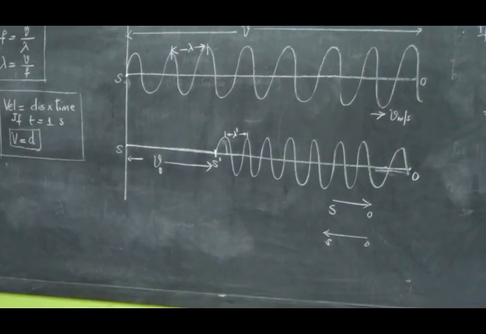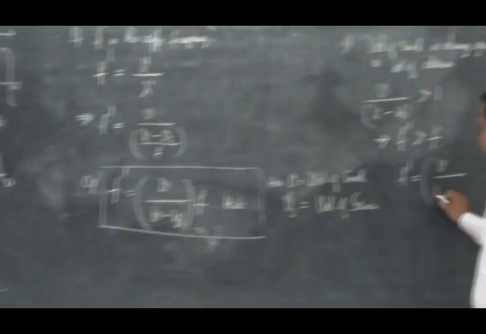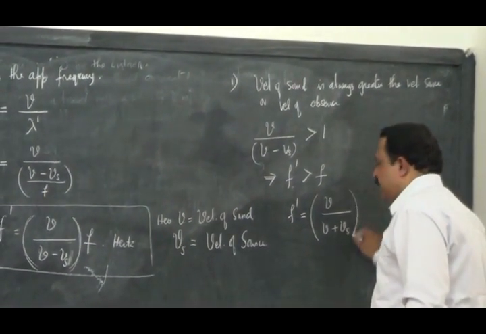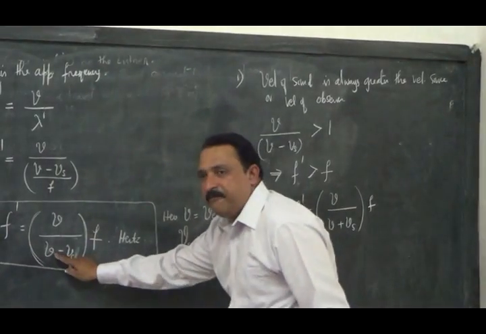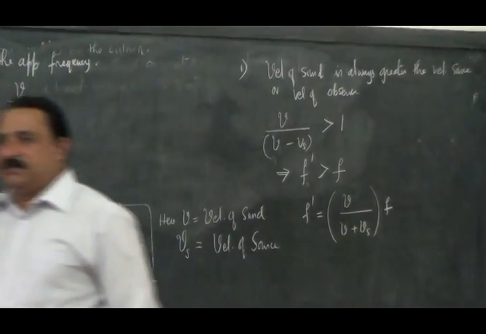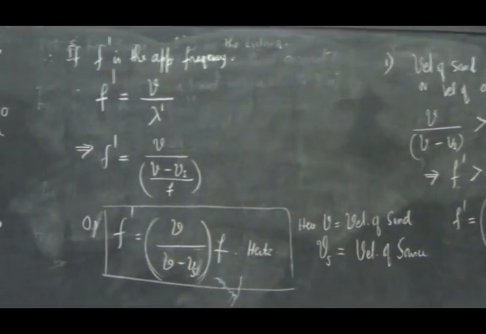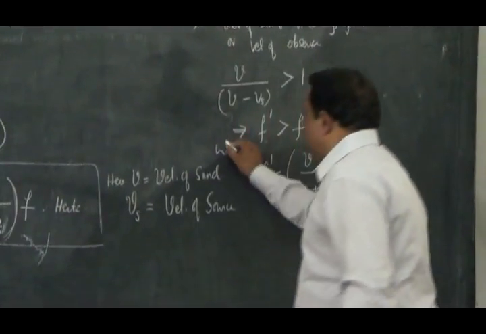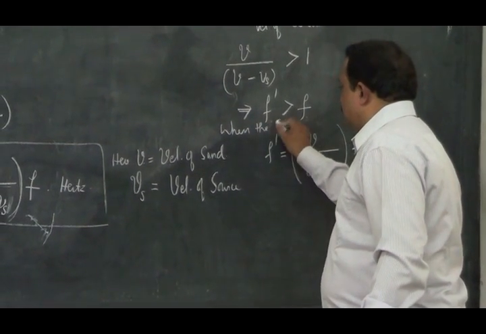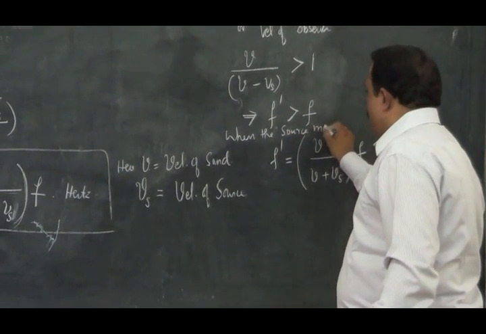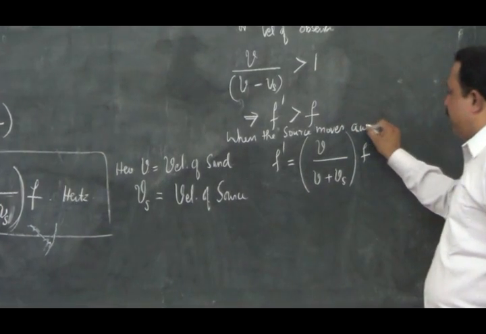Then F dash is given by V by (V plus Vs) into F. Just make this Vs negative, it becomes positive on the other side. Now I write: when the source moves away from the observer.